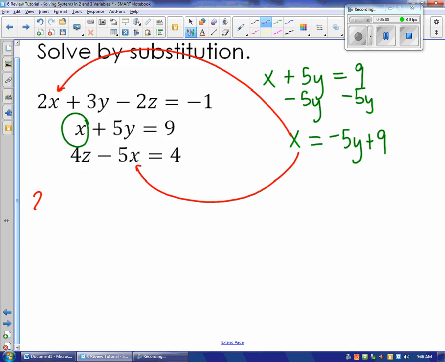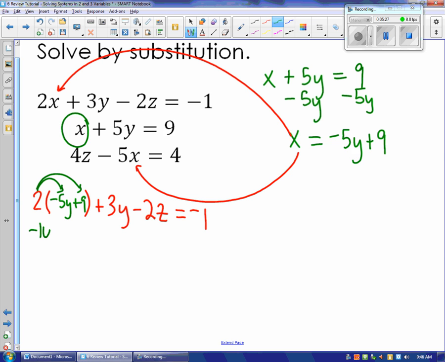So normally I'd have 2 times x plus 3y minus 2 times z is equal to negative 1. But I'm replacing the x with negative 5y plus 9. All right. And now I'm going to simplify. I have to distribute the 2 to both terms.